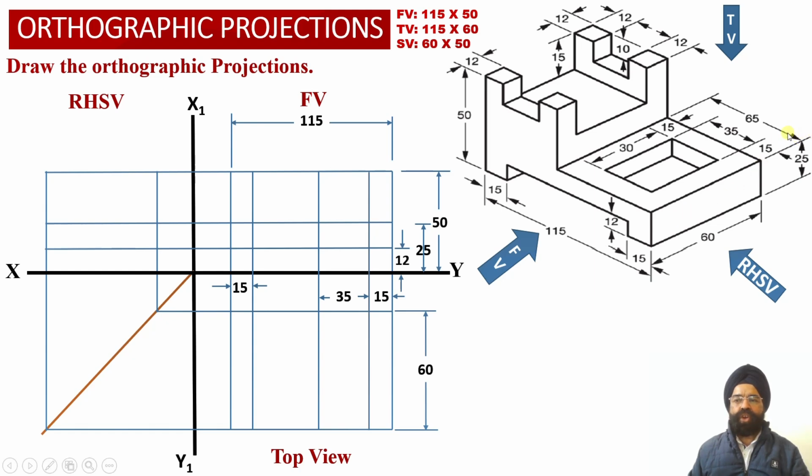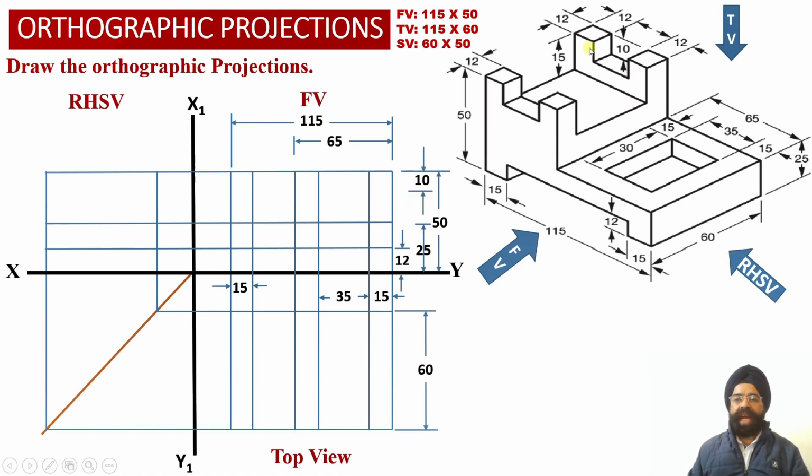At a distance of 65 millimeter from the right hand side face of the solid, we will be able to obtain this particular edge of the solid up to which the height of the horizontal web will be equal to 25 millimeter. So now we have marked a distance of 65 millimeter from the right hand side face of the solid, and again we have drawn a vertical projector line into the front view projections. Now we have extended this vertical projection into the top view projections as well.